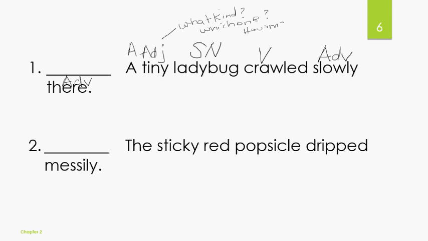And they always describe nouns, pronouns, most of the time nouns. And adverbs describe verbs, adjectives, or other adverbs, and they answer the questions how, when, and where, just like your jingle says. I'm just learning how to use this little pen and tablet, so please forgive me for my messy handwriting.